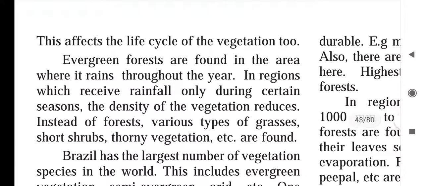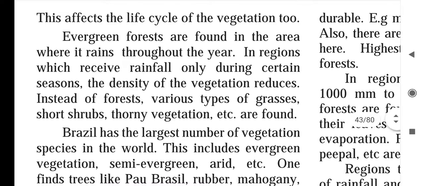This affects the life cycle of vegetation too. Of course, if there is continuous rainfall, an evergreen type of forest will be found and many animals will be found there. But if there is no rainfall or very little rainfall, of course the vegetation will be different. Evergreen forests are found in the area where it rains throughout the year.